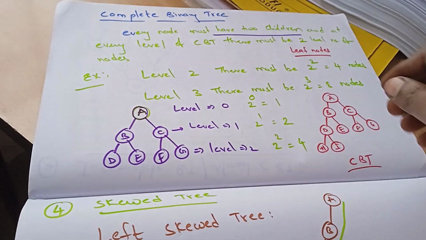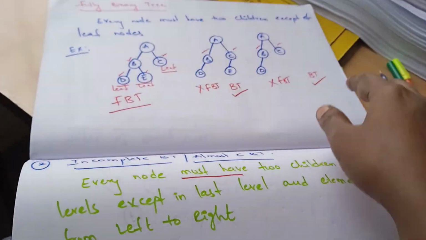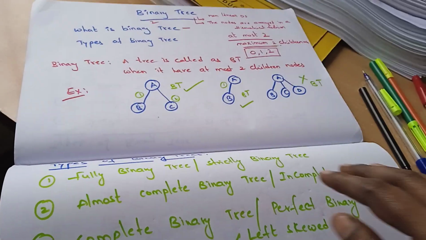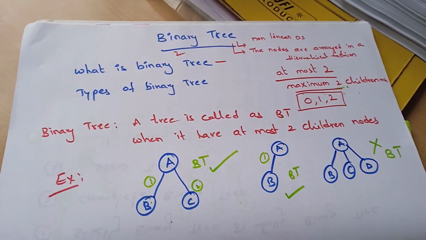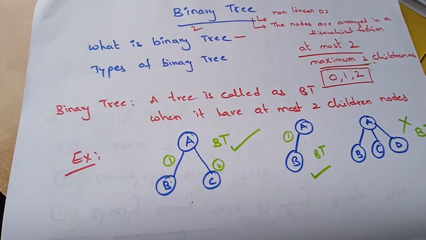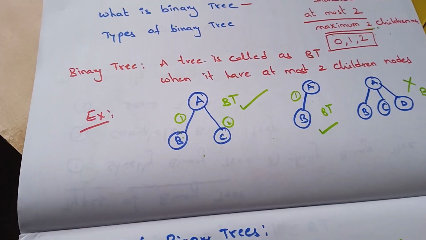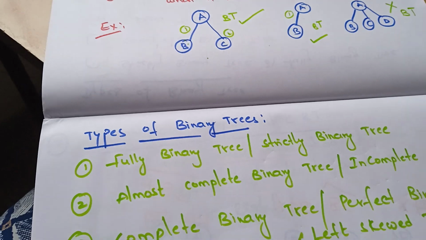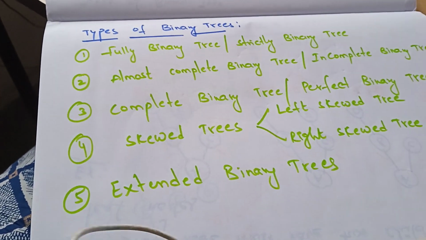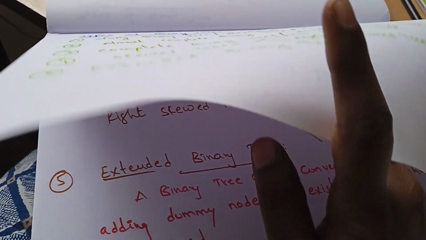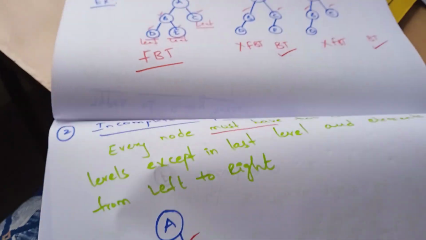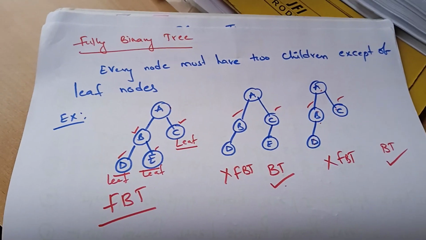Now let's look into today's portion. What we discussed is this. Today this video is covering what is a binary tree, and types of binary trees. Now this is your fully binary tree.